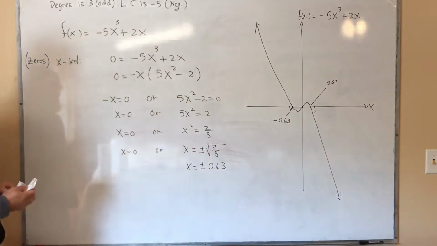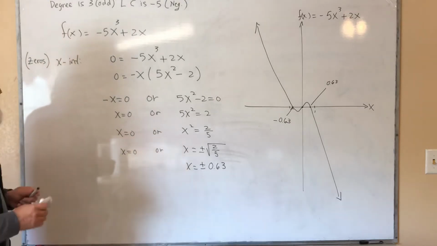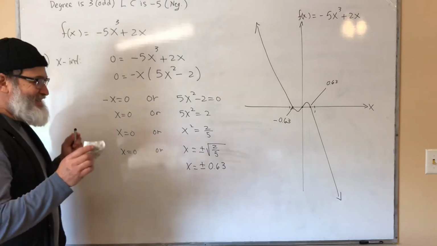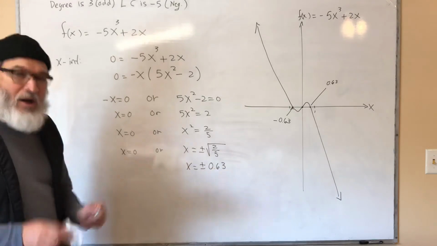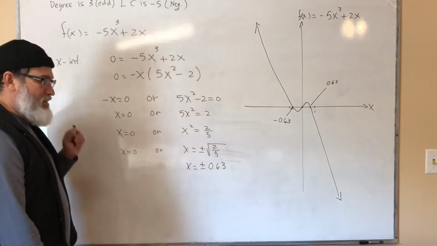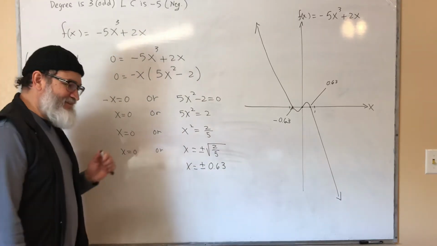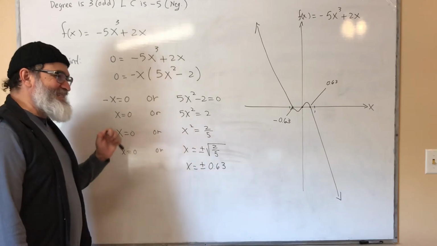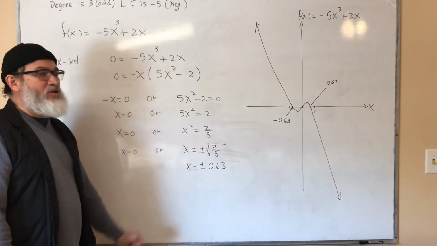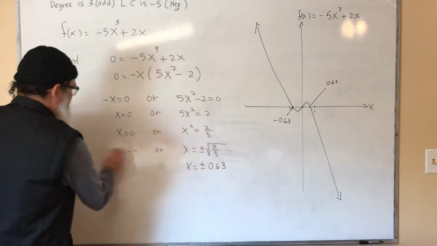All right, let me show you how to check to see if a function is odd. When the function is odd, it means it is symmetric with respect to the origin.